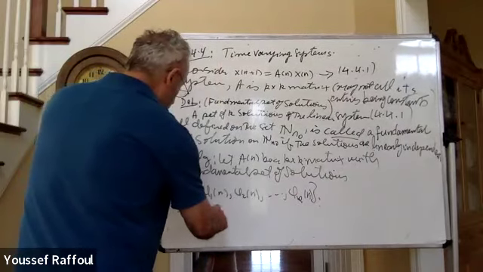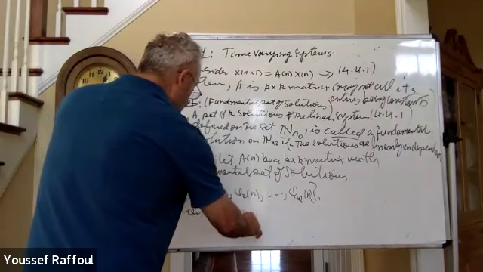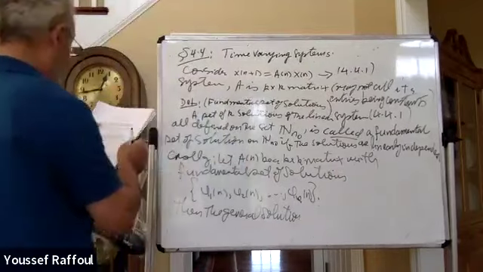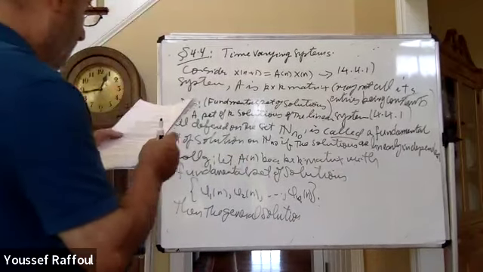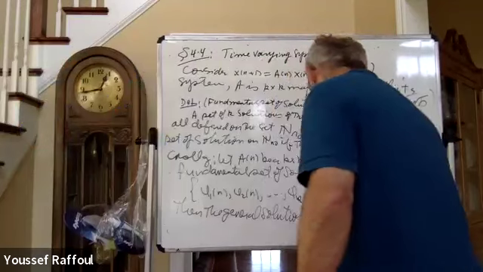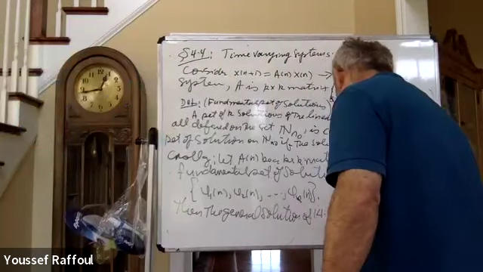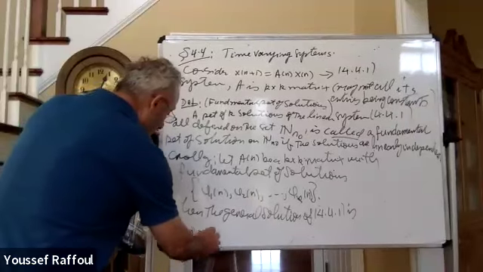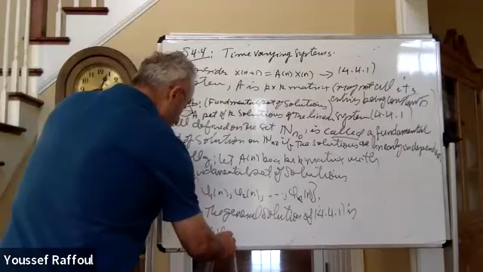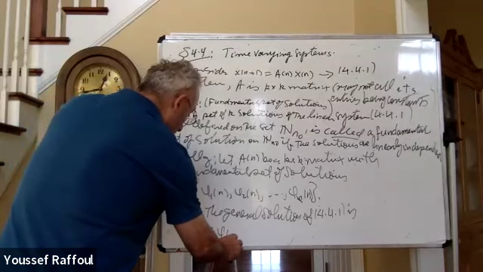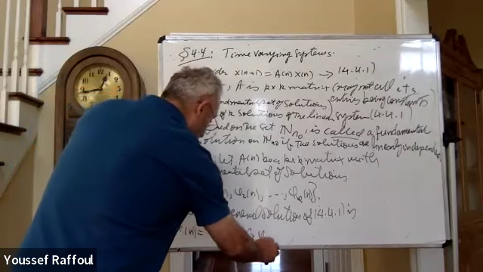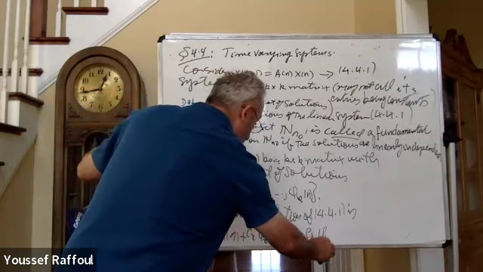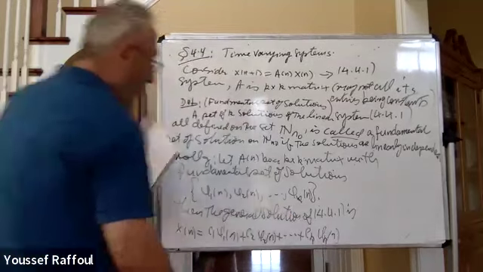Then the general solution of 4.4.1 is x_n equals C1 phi1(n) plus C2 phi2(n) plus up to Ck phik(n).